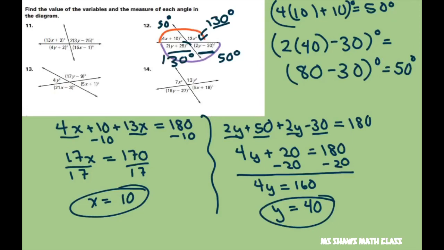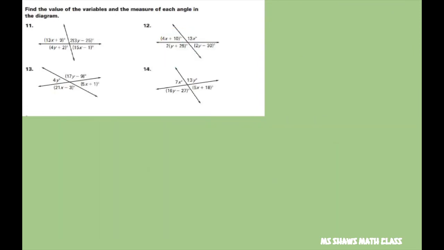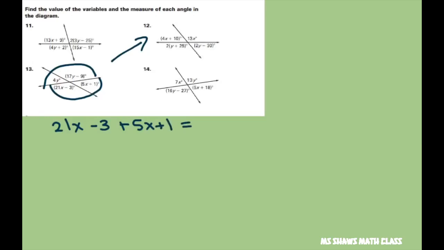All right, the next one, our y's again are supplementary angles. Our x's are supplementary. So we're going to do just like we did with number 12. So we're going to do 21x minus 3 plus 5x plus 1 equals 180. Add those two up, you get 26x.